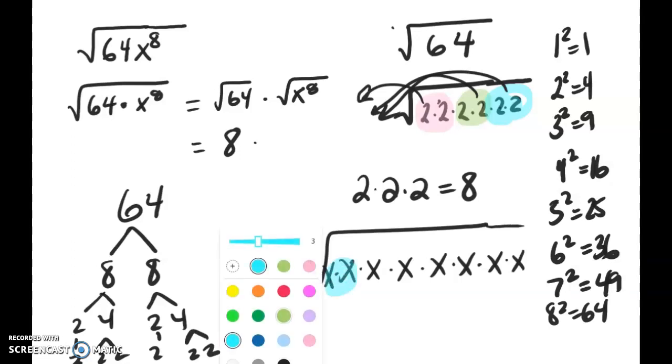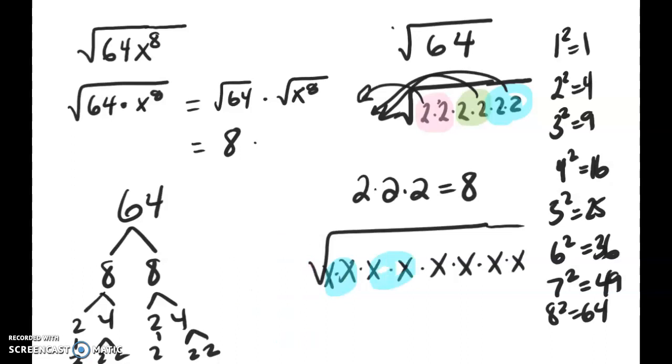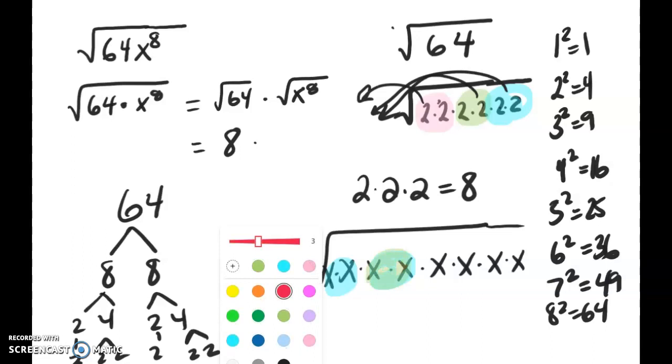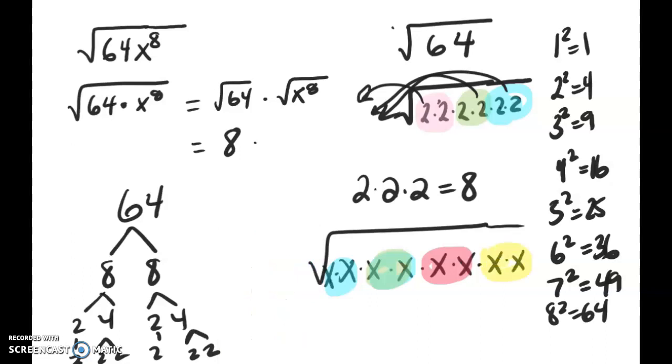So we've got 1 pair, 2 pairs, 3 pairs, 4 pairs. If we pull each of these out, it would be x times x times x times x, which would be x to the 4th. So my answer here would be 8x to the 4th.